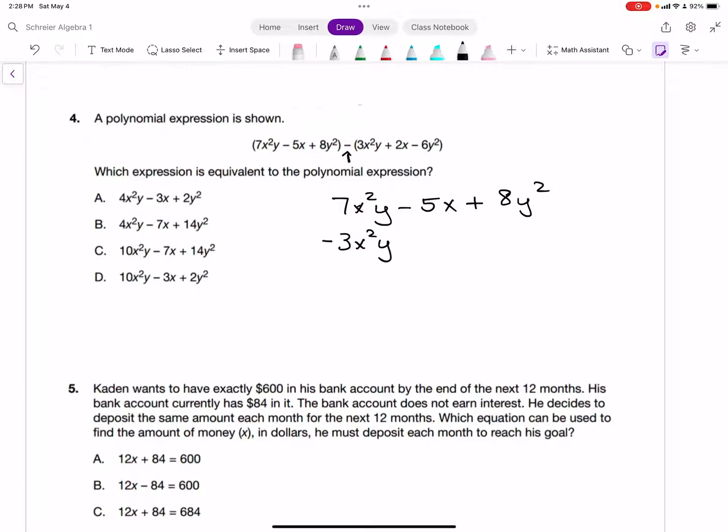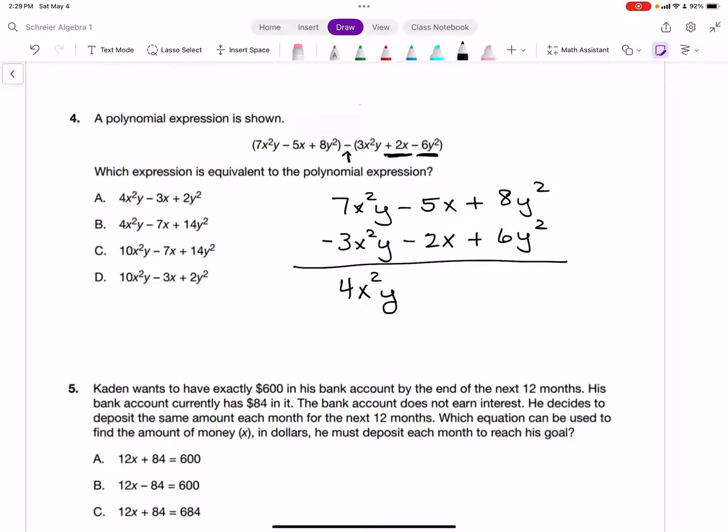Instead of positive 2x, we're going to have negative 2x. And instead of negative 6y squared, we're going to have positive 6y squared. And then it's just a matter of adding these together. So 7x squared y and negative 3x squared y is 7 minus 3, and that's 4x squared y.